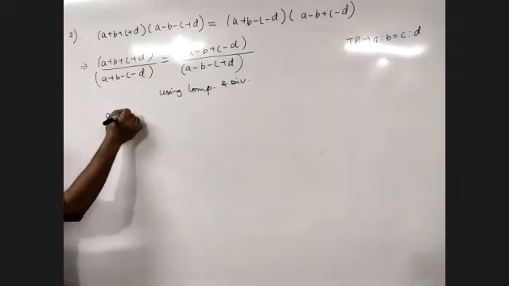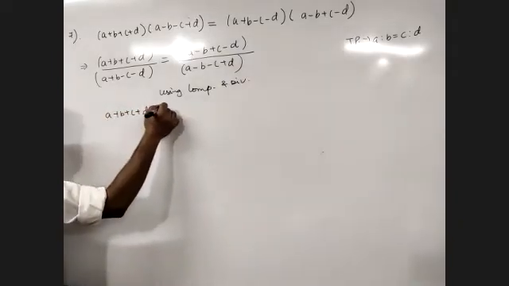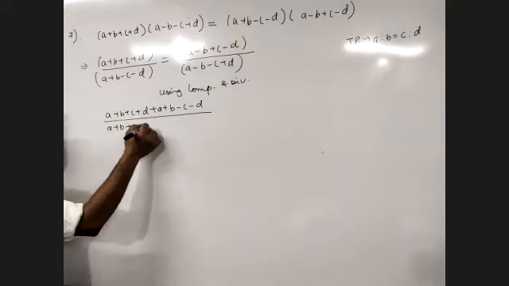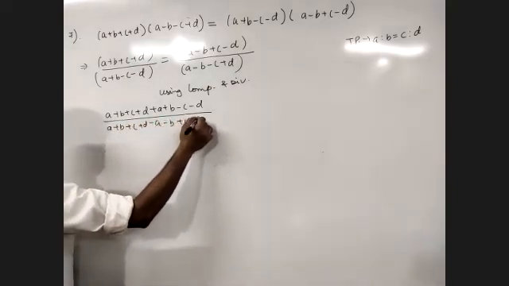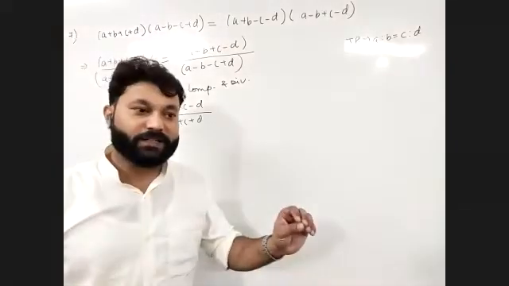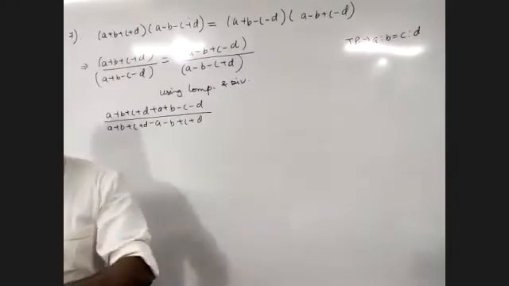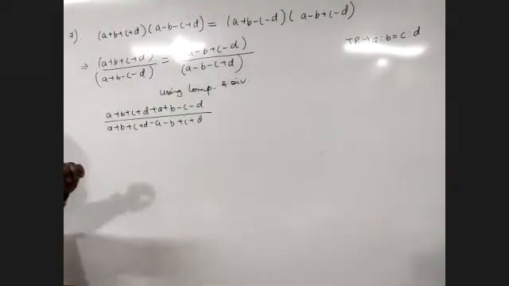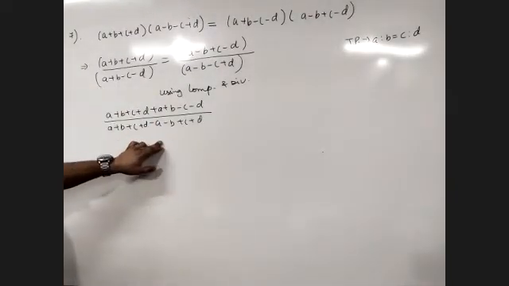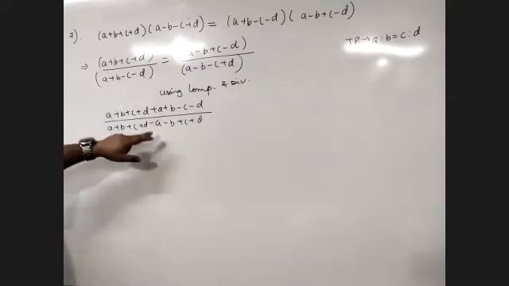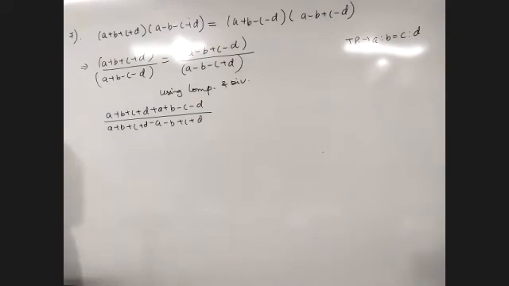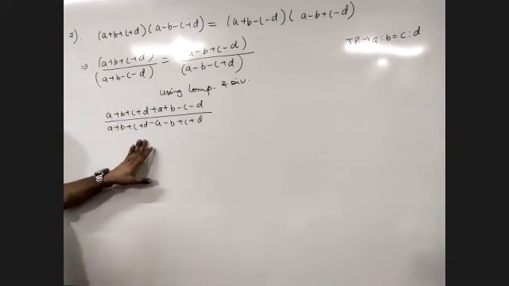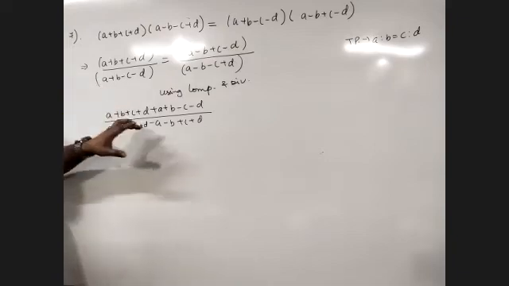तो एक बार न्यूमरेटर में दोनों ऐड होंगे a plus b plus c plus d plus a plus b minus c minus d और डिनोमिनेटर में दोनों सबट्रैक्ट a plus b plus c plus d minus a minus b plus c plus d. आपको ये बात अगर समझ आ गई कहां से साइन चेंज करने तो गड़बड़ मत करो. अगर आपको ये चीज क्लियर हो गई कहां से साइन चेंज करने तो things will be very easy. मैं फिर से बता देता हूं जहां से डिनोमिनेटर स्टार्ट होगा वहां से साइन चेंज होना स्टार्ट हो जाएगा. देखो एक तो डिनोमिनेटर वाला D और एक ये वाले डिनोमिनेटर वाला D, तो D का साइन चेंज.